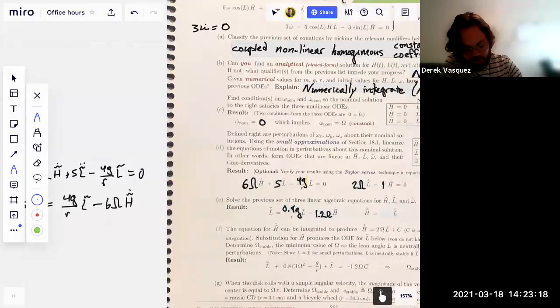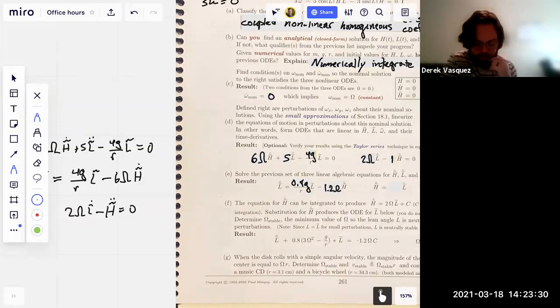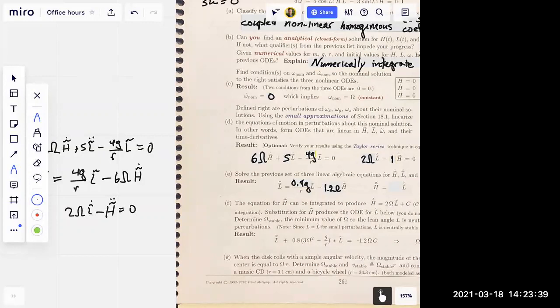Similar over here, we have 2 omega L tilde dot minus H tilde double dot equals 0. So what does H tilde double dot equal to? Two omega, sorry.